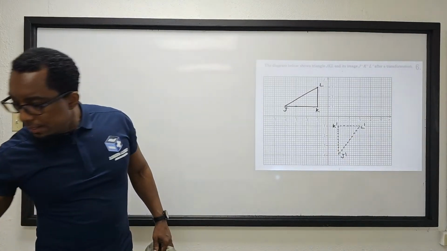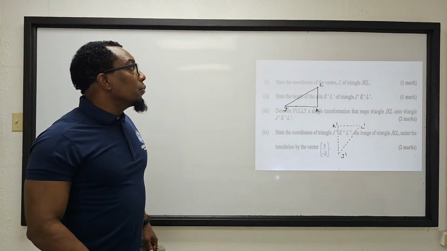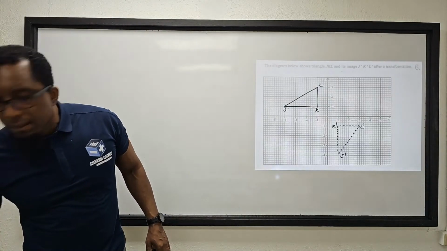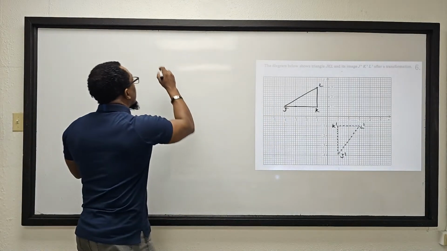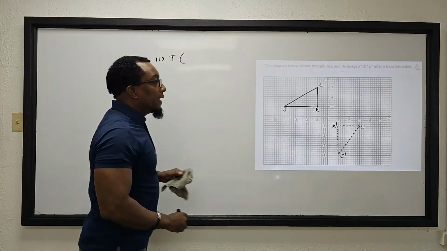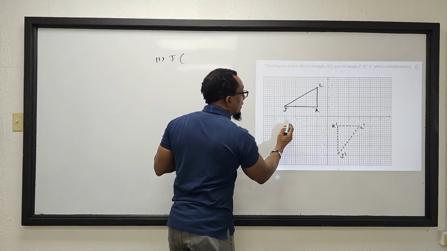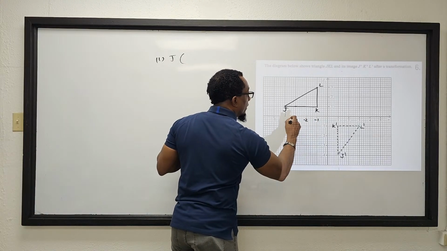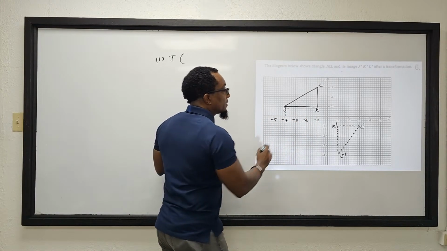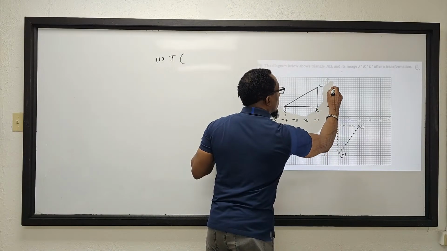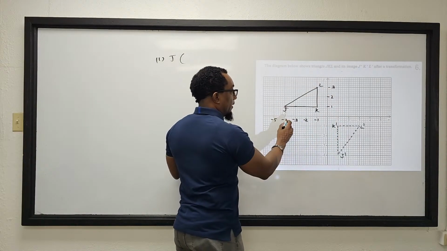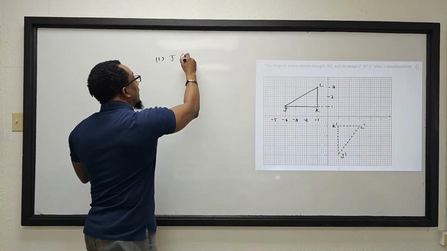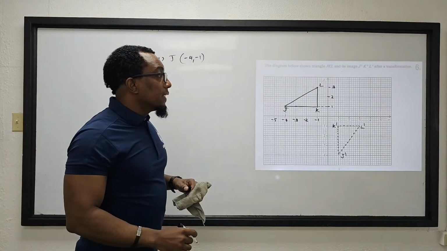And the question asks to state the coordinates of the vertex J in triangle JKL. So the coordinates of J will simply be -4 on the x, this is -1, -2, -3, -4, -5, and it's going to be -1 on the y. So it's going to be -4, -1.